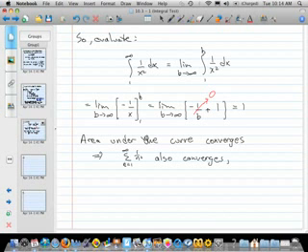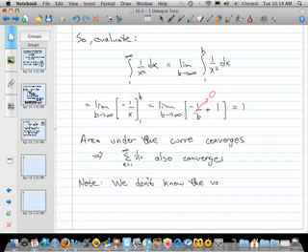Note, it's an important note. All we know is that it converges. We don't know the value, but we know it exists.